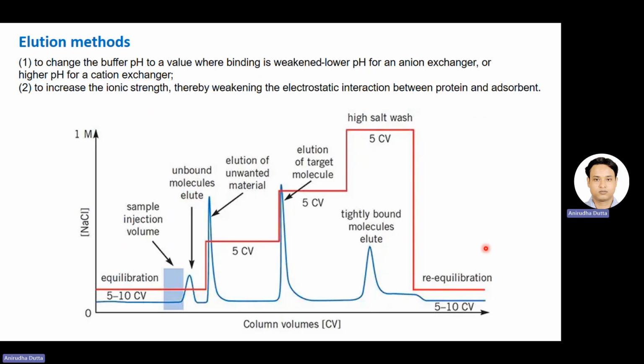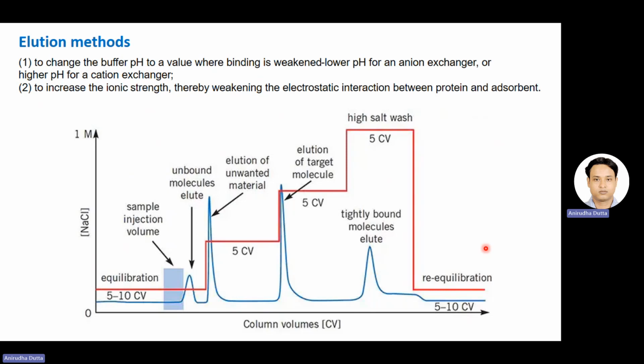If there is a high concentration of salt, the charge interaction would be less, and protein would not bind to the matrix. So for the binding step, we have to keep a very low concentration of salt in the binding buffer, and for elution we can use a high concentration of salt. So we can use two different elution methods.